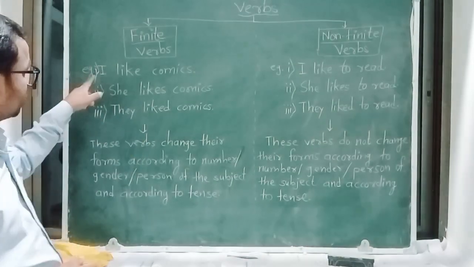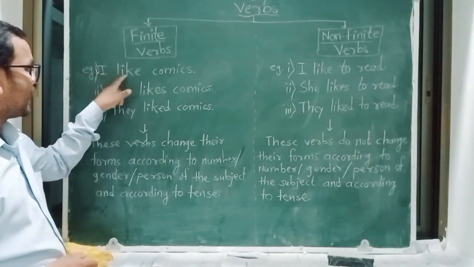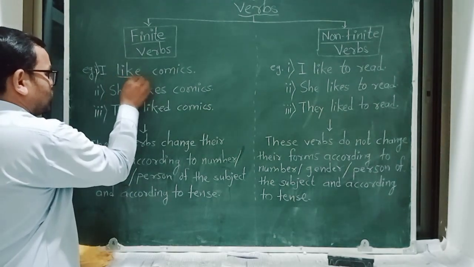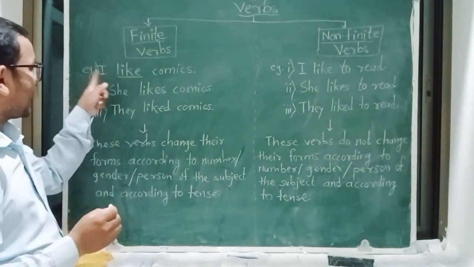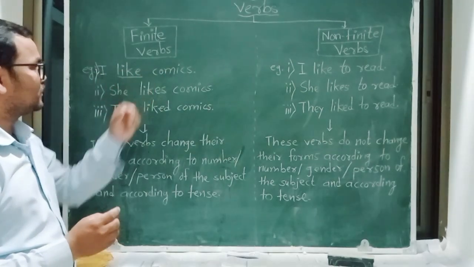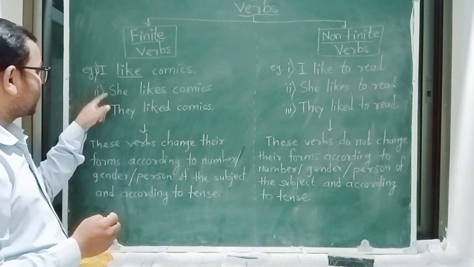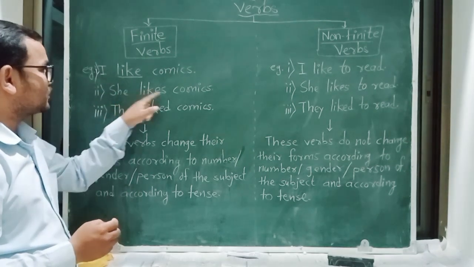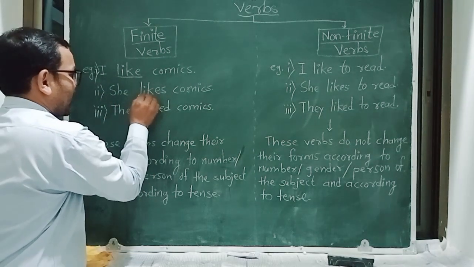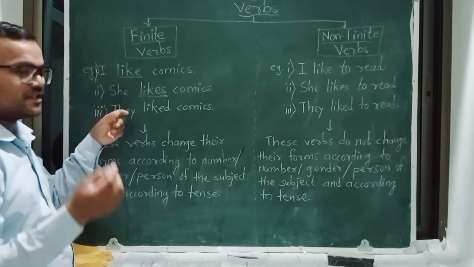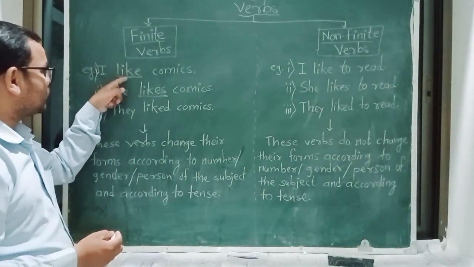If you look at the first example, I like comics. In this sentence, like is a verb, and I is the subject. The second example is she likes comics. Over here, likes is a verb. If you see, there is a slight change in the form of the verb, like and likes.